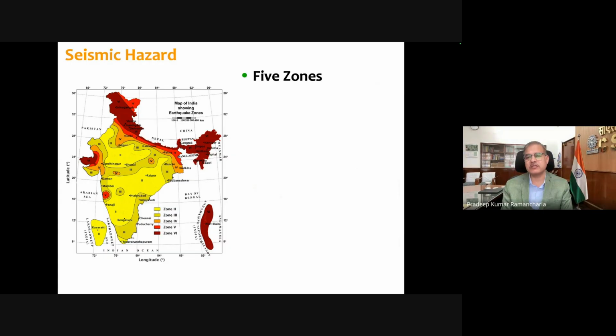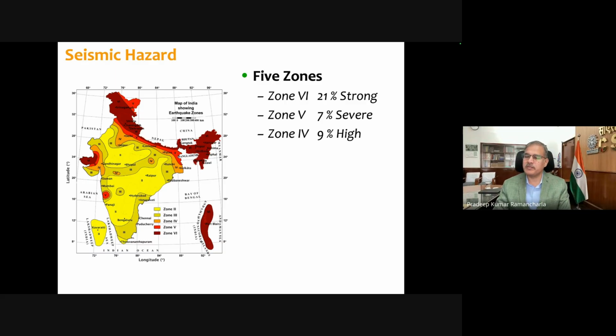According to this map, there are 5 zones. 21% of the area belongs to zone 6, which may experience strong earthquake shaking. Then zone 5, 7%, which will experience severe ground shaking. Then zone 4, 9%, high intensity ground shaking.